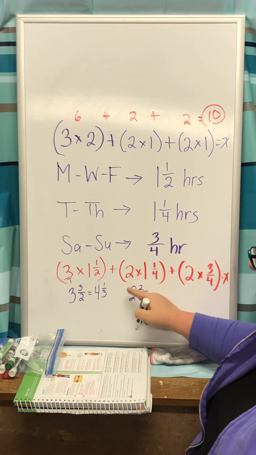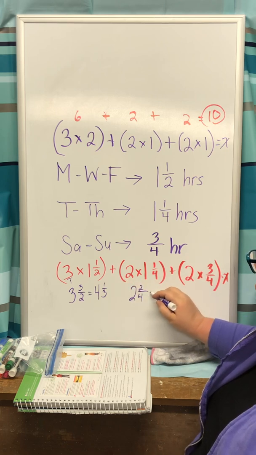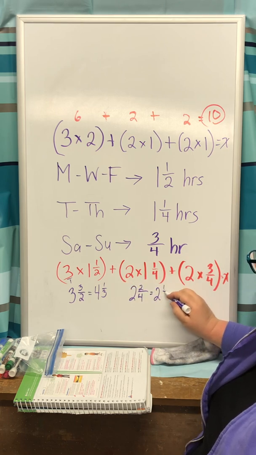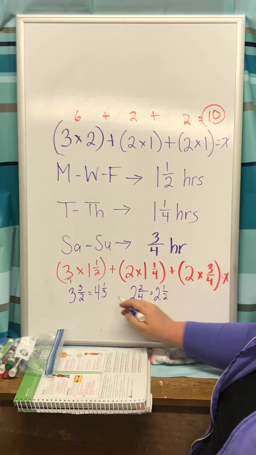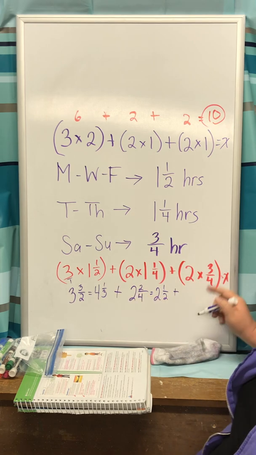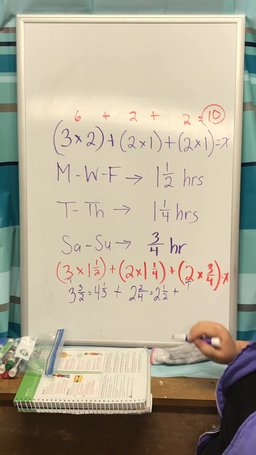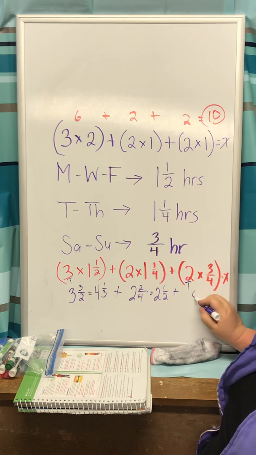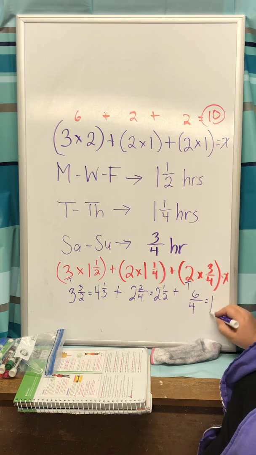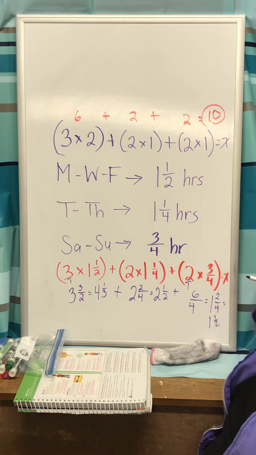Remember, if there's a little 1 down there, fourths, or 2 and 1/2. And my third one is going to be, think of that little 1 there, 2 times 3, 6, 1 times 4, 4, or 1 and 2/4. And we can simplify that down to 1 and 1/2.